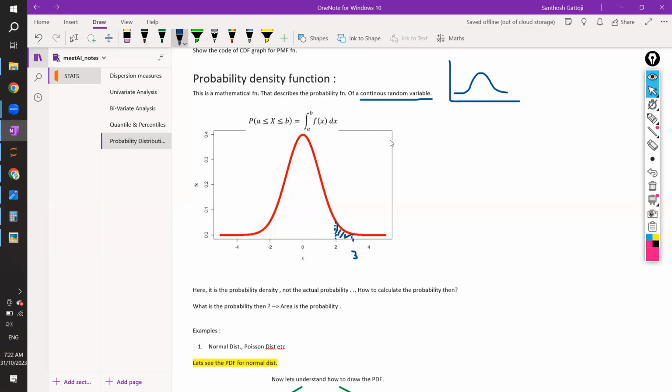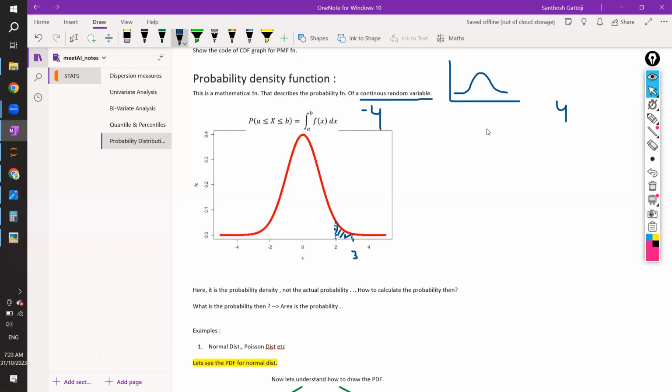Getting it, guys? This is a random variable. It can have all different types of outcomes, any value. Its range is, let's say, from -4 to 4. So it can be -4, -3, 0, 1, 2, 3, any value.